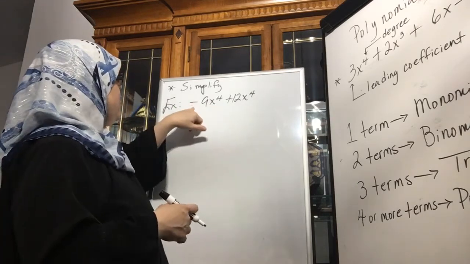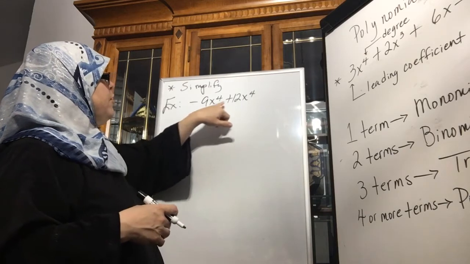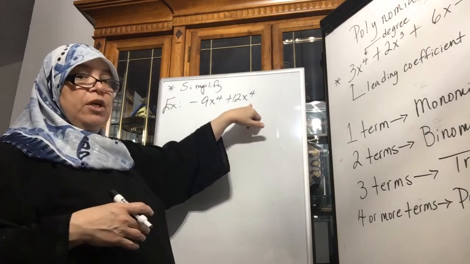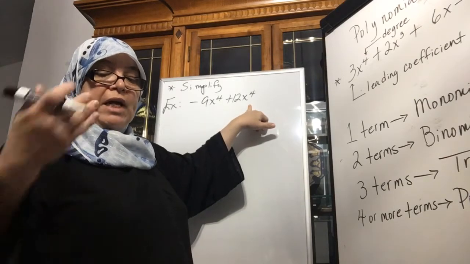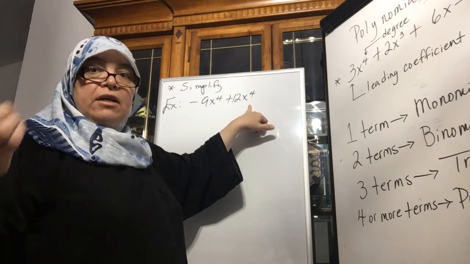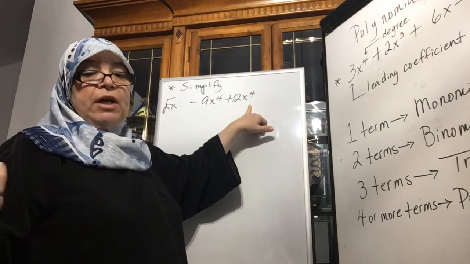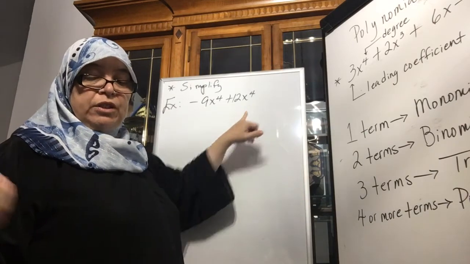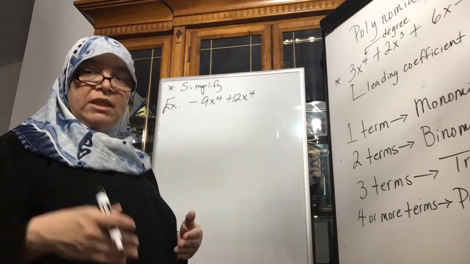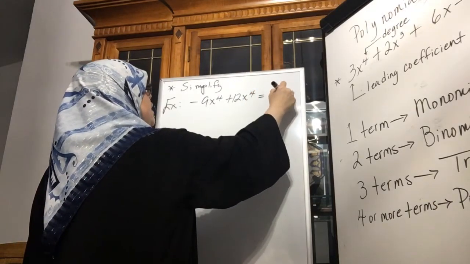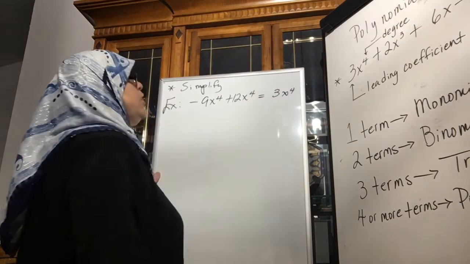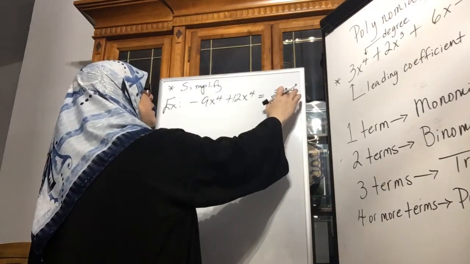So right here we have a negative 9x to the 4th plus 12x to the 4th. Look at your variables, both are raised to the 4th power. So now I can go ahead and add or subtract the coefficients. So negative 9 plus 12 is a 3, right? And then just bring the variable down. Do not add exponents, guys, okay?